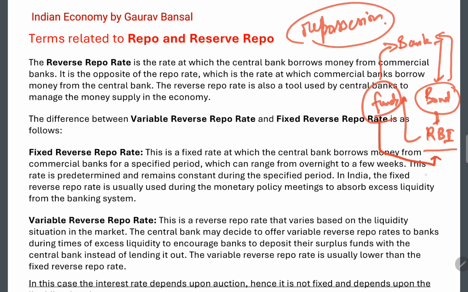For example, initially the bank took 100 crore rupees from RBI for 14 days. After 14 days, the bank repays 100.25 crore rupees. In this case, let us say 25 lakh rupees is the interest that the bank has paid to the RBI for taking this loan. All of that is decided at the time of the transaction itself.